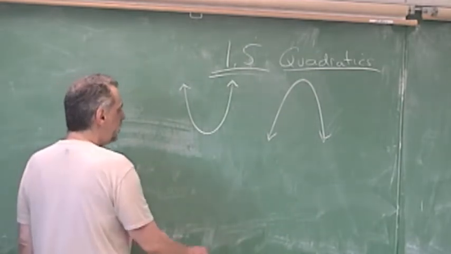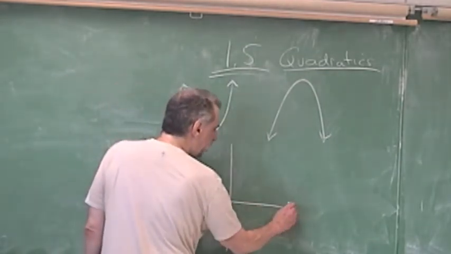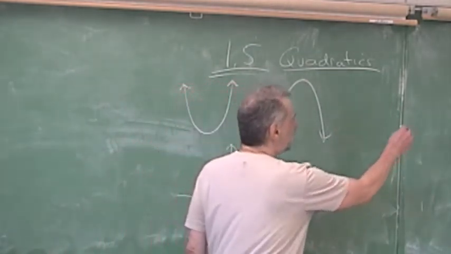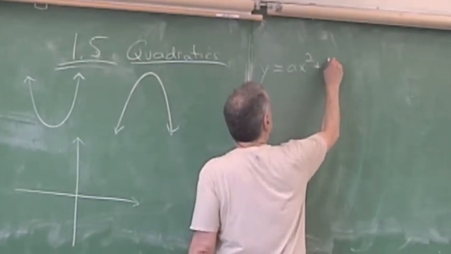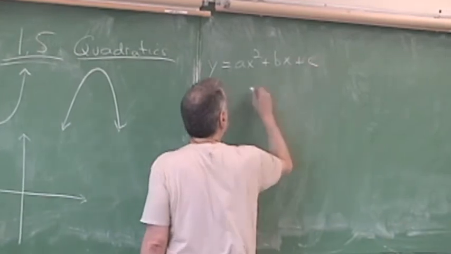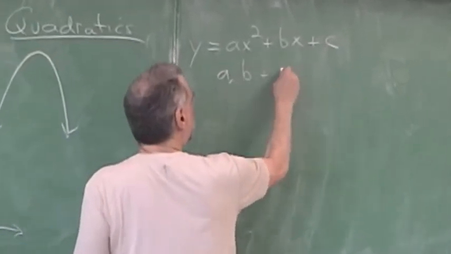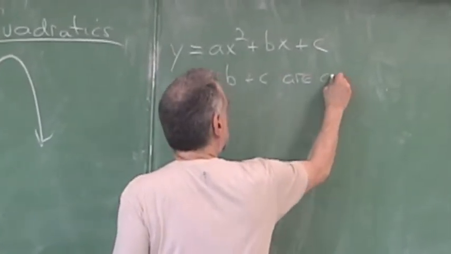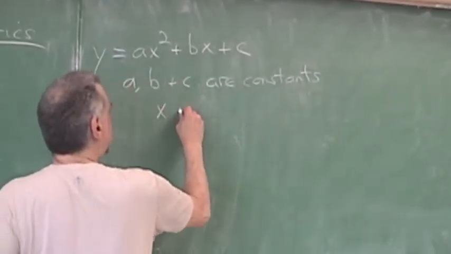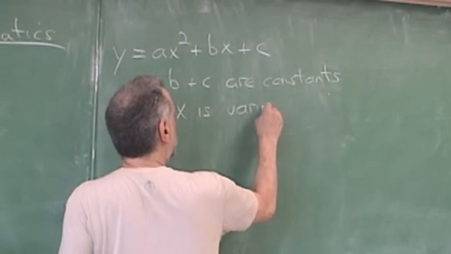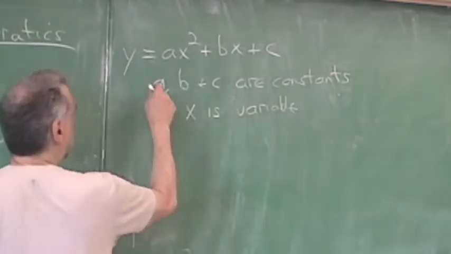So when we solve these quadratics, we're going to have a general form of a quadratic equation that's going to look like this, where A, B, and C are constants, and X is the variable, X and Y, right?